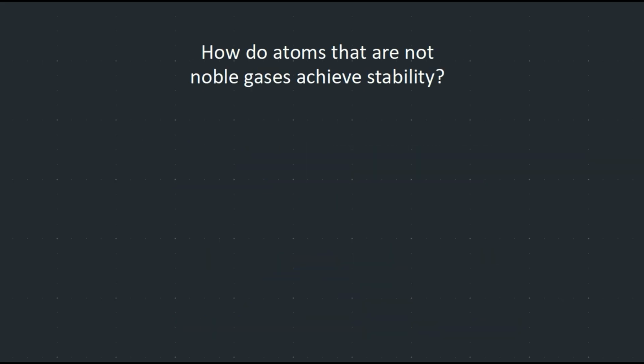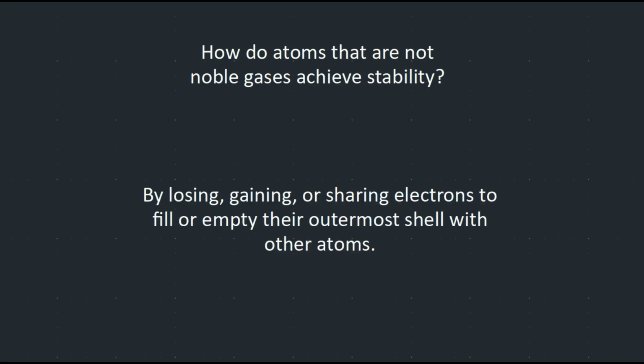Now, how do atoms that are not noble gas achieve stability? Right? We understand how they want to be stable, and how stability looks like, but how do they actually achieve it? What do they do to achieve this? Well, simple. They can take up electrons, they can lose electrons, or they can share electrons.